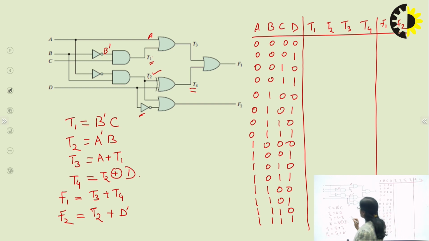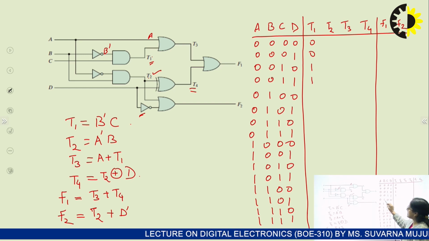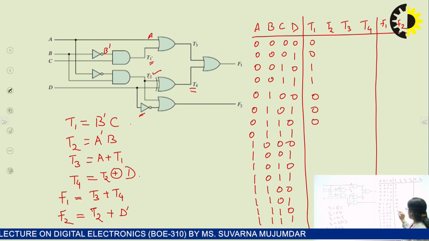When we substitute here for T1, we find that it is the ANDing operation of B dash and C. So whenever these two are 1, we have T1 as 1. For these two combinations T1 will be 0, and for the others it will again be 0.